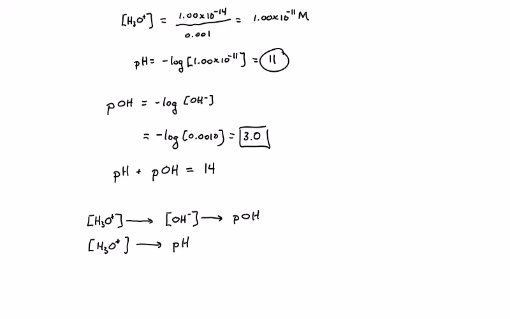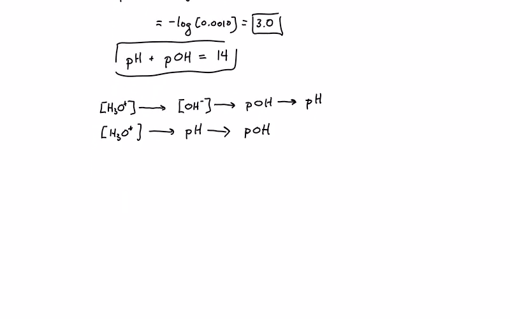Okay, so that's how we would find both the pH and the pOH. But we have to remember that if I know the pOH, then I can use this relationship right here to come up with the pH. And likewise, I can use the pH to figure out pOH. Okay, so there's a number of different paths that we can take to get to various data points. It's just important to remember that there are all these different ways of doing this.